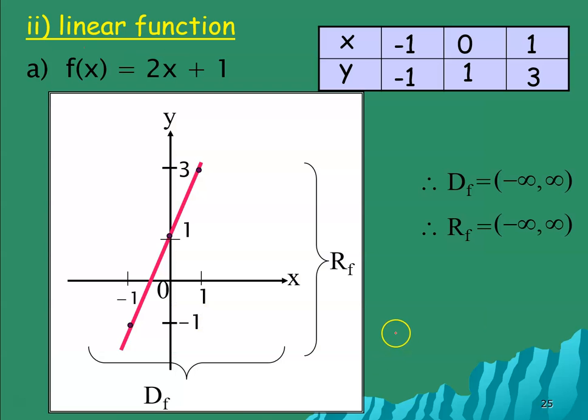Okay. And for linear function, you have fx equal to 2x plus 1. So this is actually how I obtain my graph. I'm using this domain and range. Let's start from negative 1, 0, 1. It's up to you.